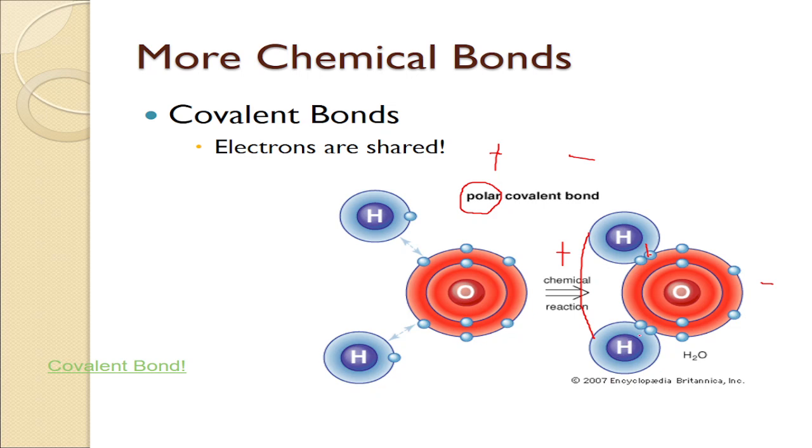The octet rule tells us that there must be 8 valence electrons to gain a stable configuration: 1, 2, 3, 4, 5, 6, 7, and 8. So there are 8 electrons in the shell, which means it forms a stable electron configuration. So the electrons are shared.